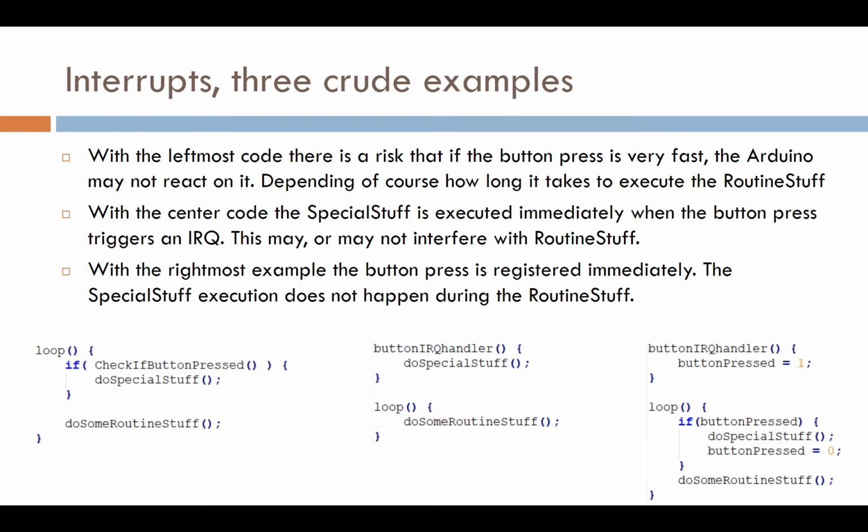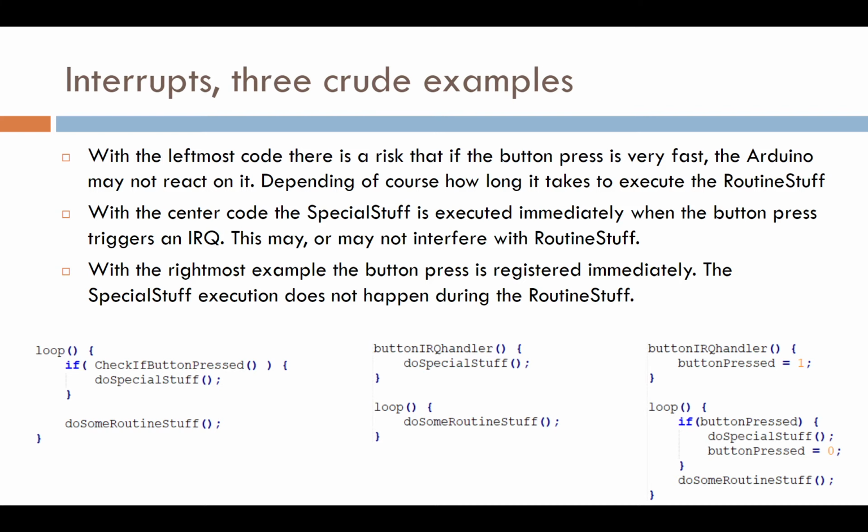So the button IRQ handler is just setting a flag, a global variable called button pressed. It sets that to 1. So inside of the loop, you can check if the button was pressed and then do the special stuff.